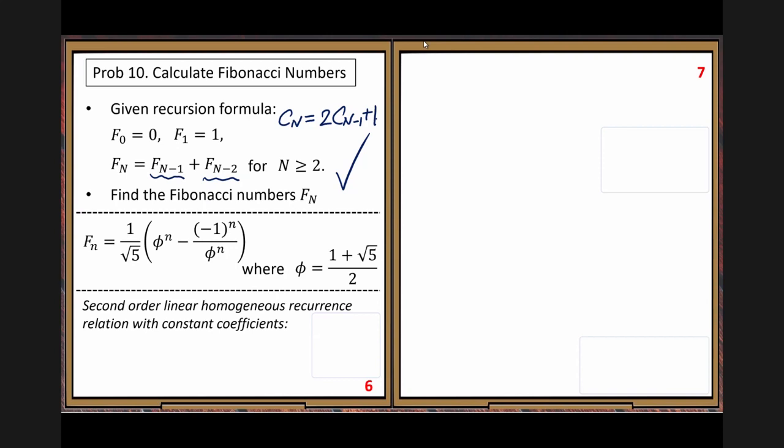Linear: all the terms are linear. Each is a constant multiple of a sequence number. You cannot put a square. If you put a square, that's non-linear. For example, Fn equals F squared n minus 1 plus Fn minus 2.